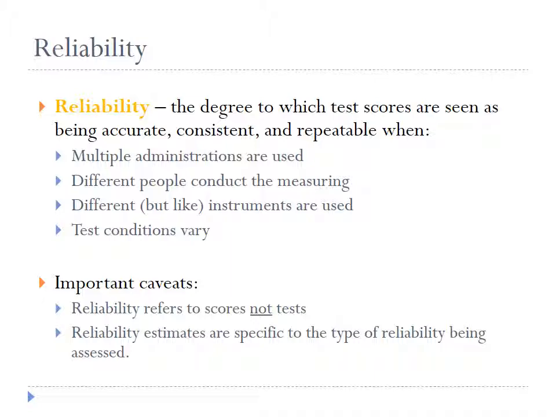Reliability relates to how we use those words or those questions or that instrument to derive scores. And it's the interpretations we make based on those scores that's deemed reliable.